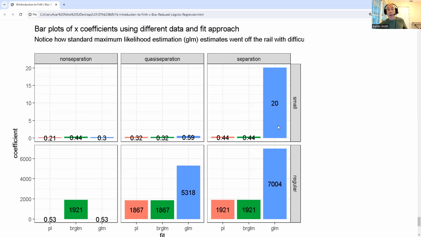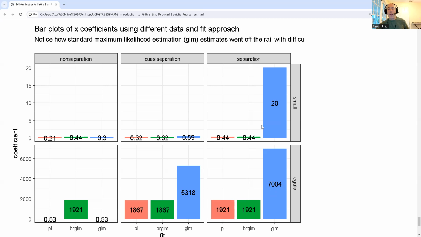And you can see that one is much bigger than the rest, absolutely huge. Here's 20. So when I have the smaller data set, the maximum likelihood estimate isn't as extreme because it doesn't have enough of a signal from the data to go off the rails. But if I look at the regular data set, 7,000 for a coefficient? No way. There's no way that's right. That is incorrect. That doesn't make sense.